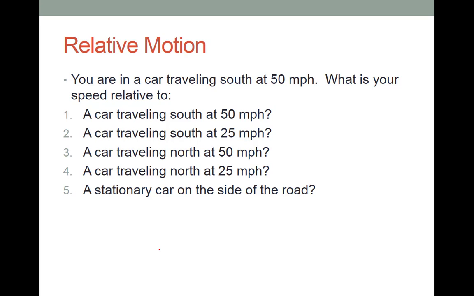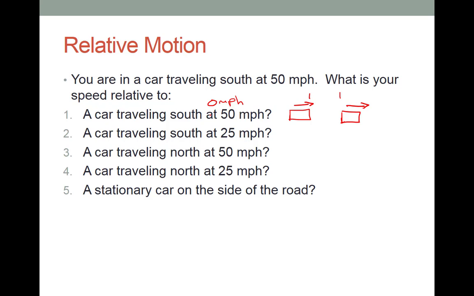Well, if car 1 is moving, I'm going to let this direction be south for the moment, moving south at 50 miles per hour, and the car you're in is also moving south at 50 miles per hour, then this distance between them is fixed. And so relative to that other car, your speed is 0 miles per hour. The distance between you is fixed.